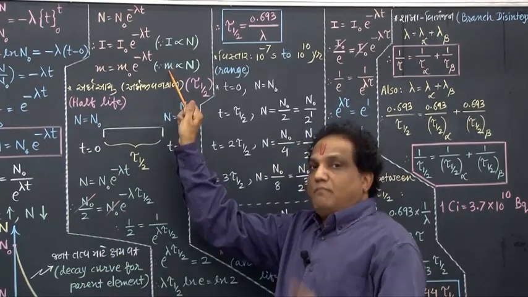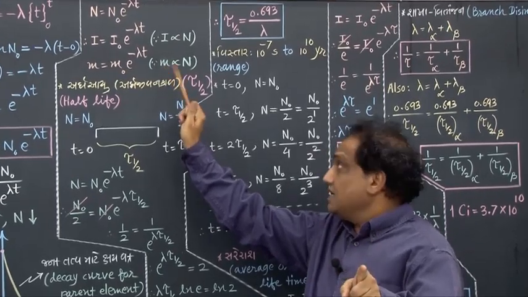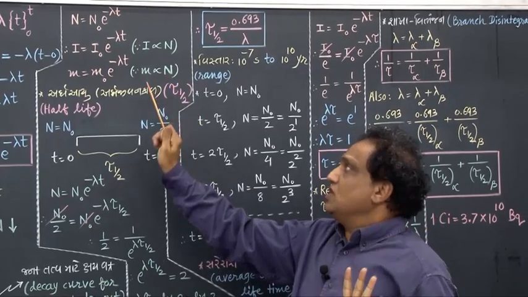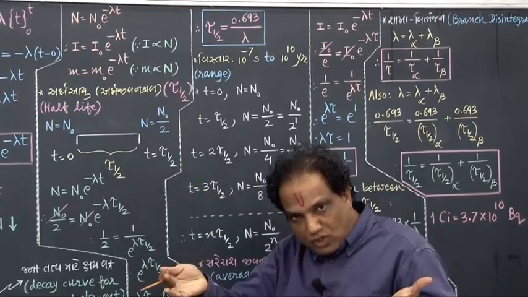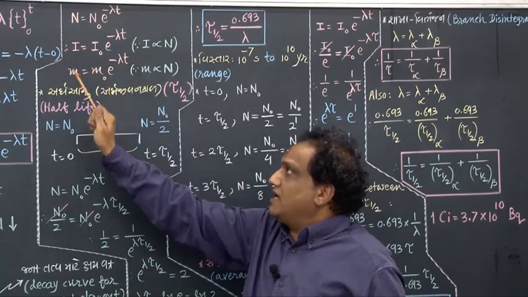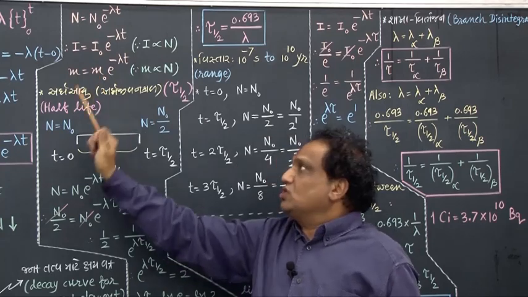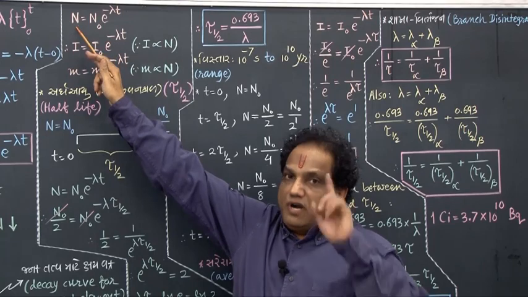Now the mass of undisintegrated element is proportional to the undisintegrated number of atoms. So if m is proportional to n, then instead of n you may write m also. Instead of n0 you may write m0. Got it? So this is also now an exponential law. This is the exponential law for number.